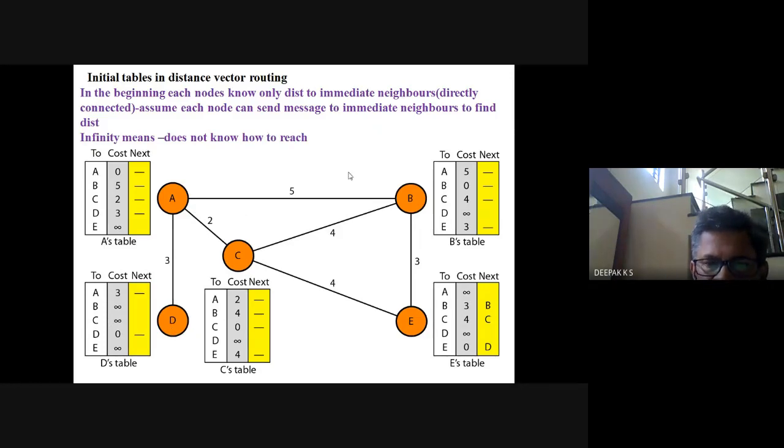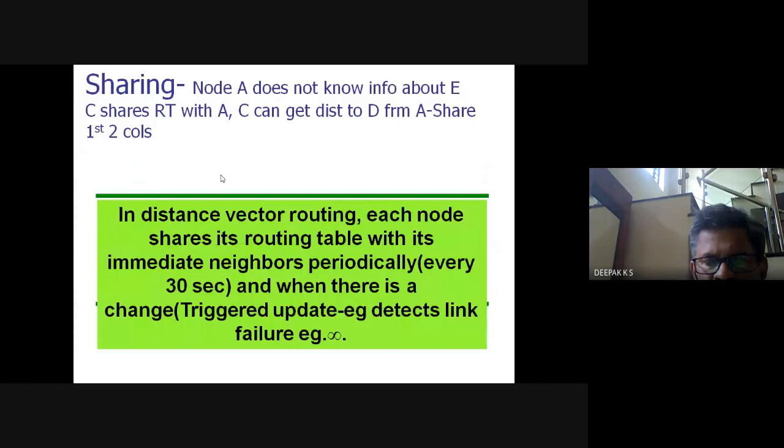Like that, if periodic updation is going on, this can be updated. So that is the basic of this distance vector. So we need sharing of information. So in distance vector routing, each node shares its routing table with its immediate neighbors periodically. So let's say maybe every 30 seconds.